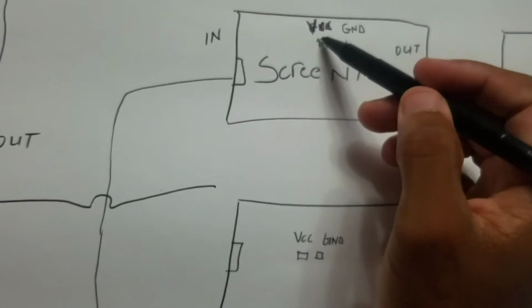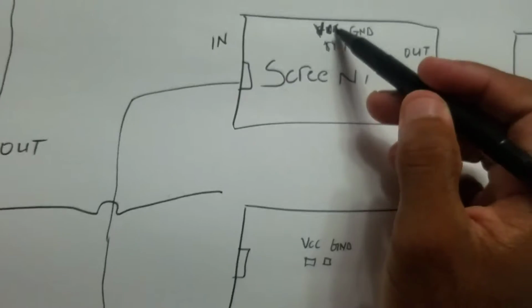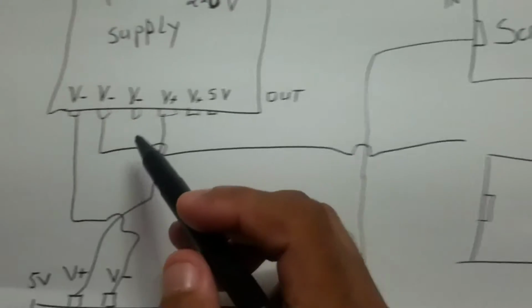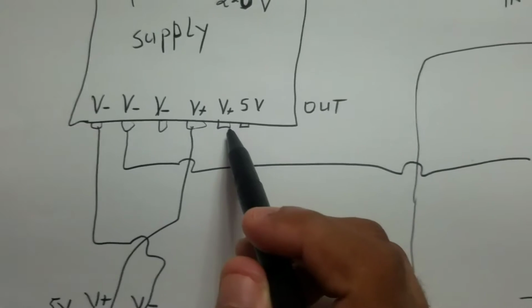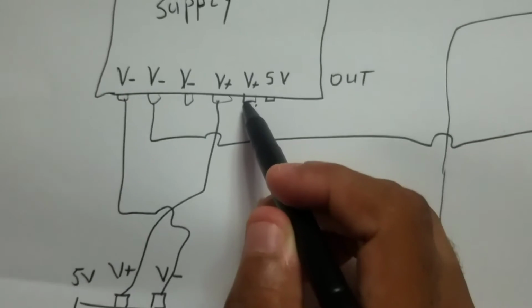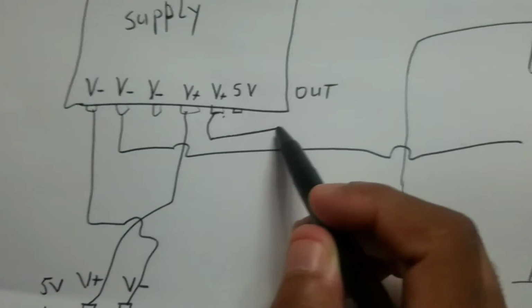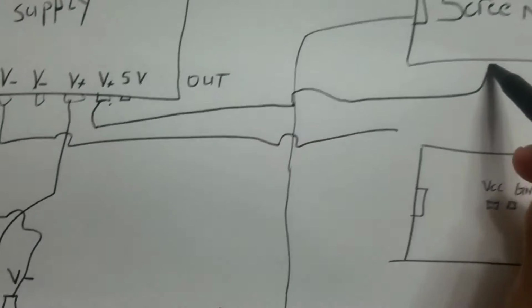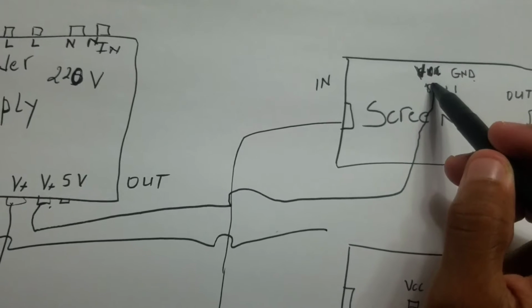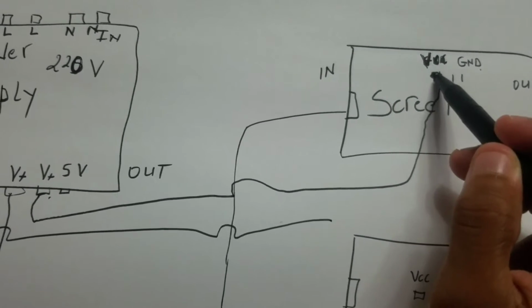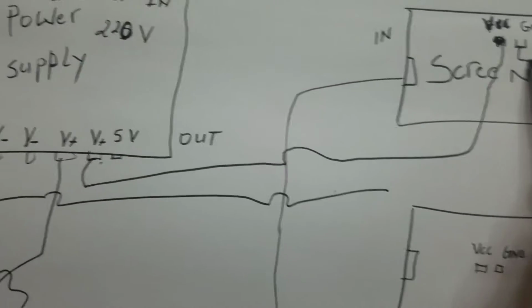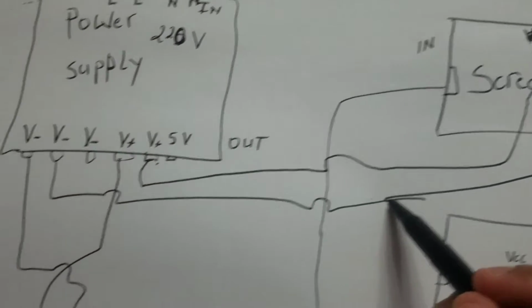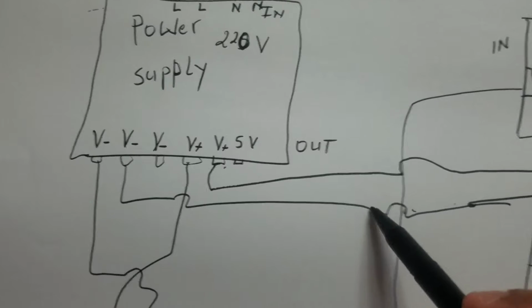So here is VCC and the ground. You take one cable to VCC to supply, and then the next step is to take the ground through this ground.